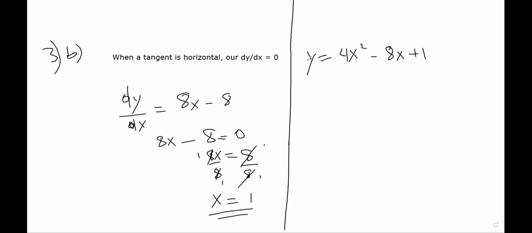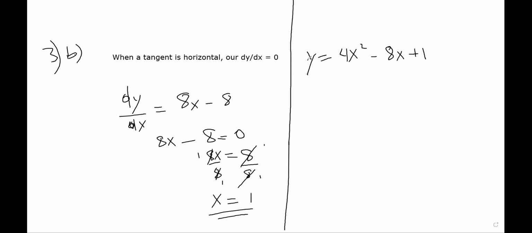So in order for us to find the coordinates of the point at which the tangent curve is horizontal, we need to plug our x value, which we just found, into our original equation so that we can find our y value. Because we already found the first coordinate, but we need to find the second coordinate now, which is our y, right?